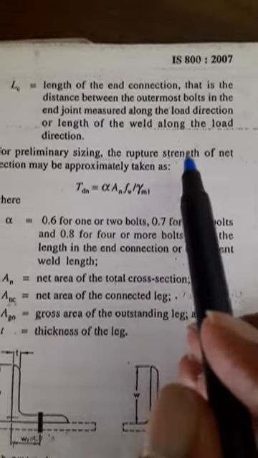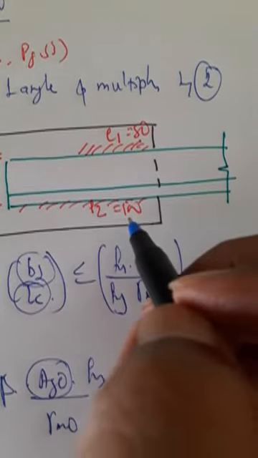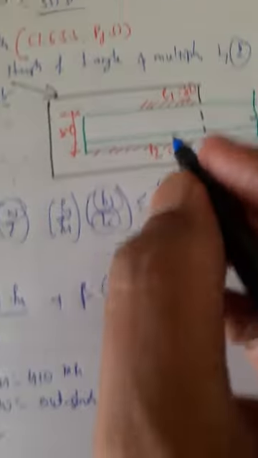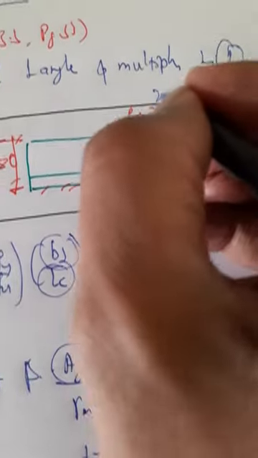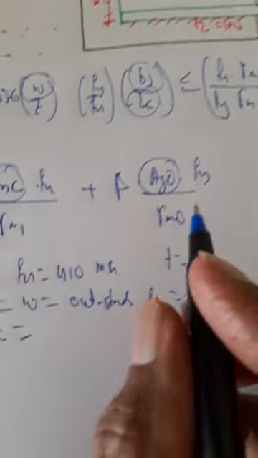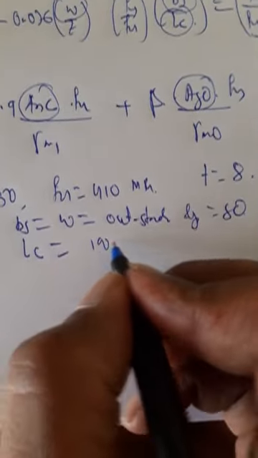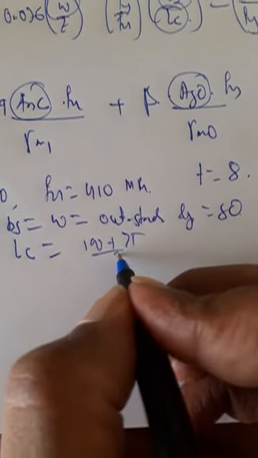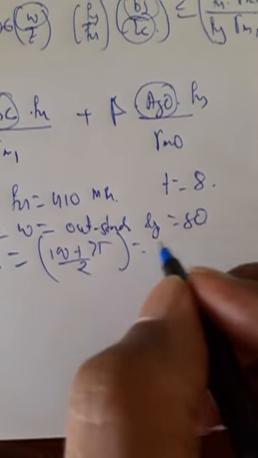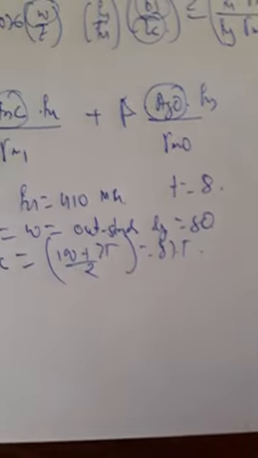For welded connections, it is the average of both the welds. So here Lc is equal to the average of both, means average of 80 and 100. Sorry, it is not 80, it is 75. 75 and 100. 100 plus 75 divided by 2. I have the answer 87.5.